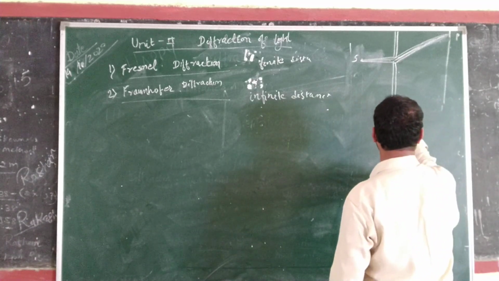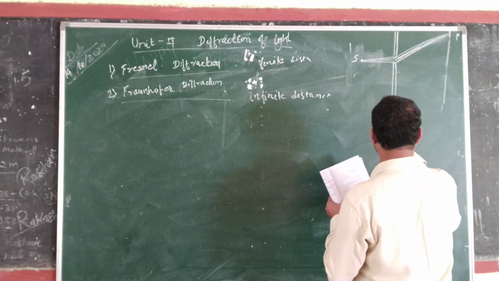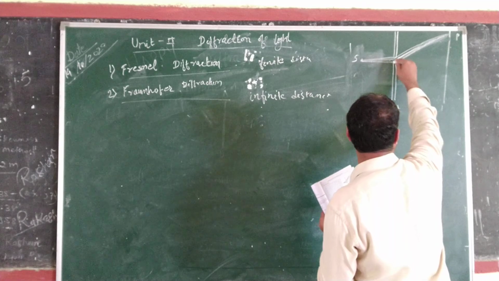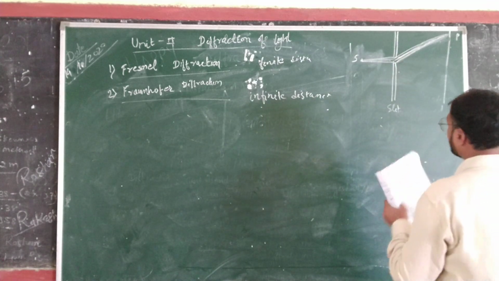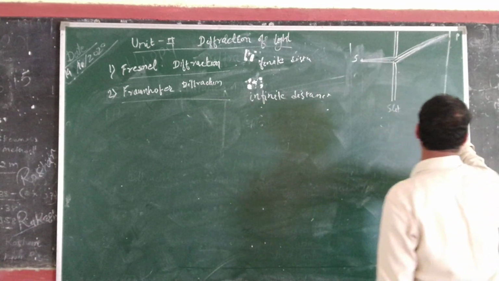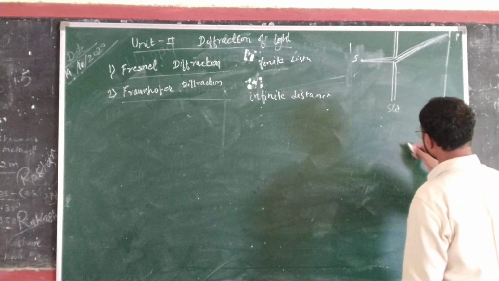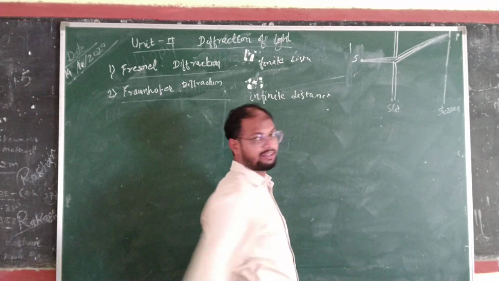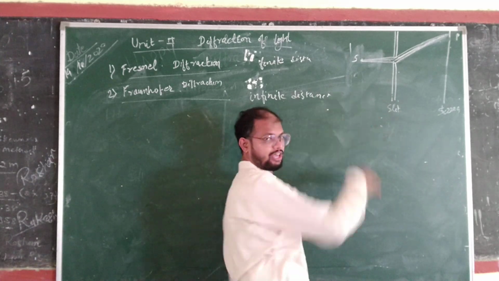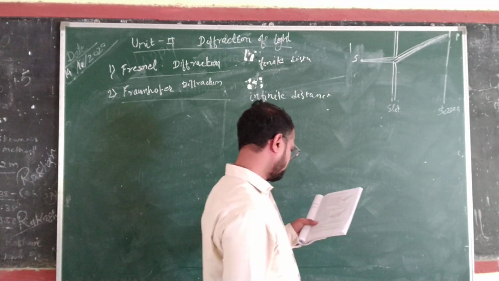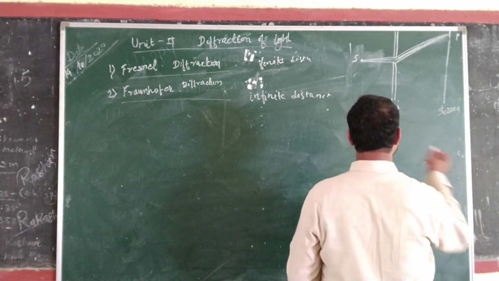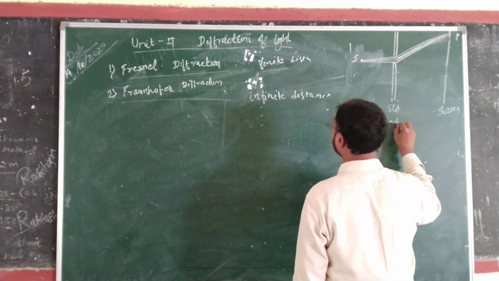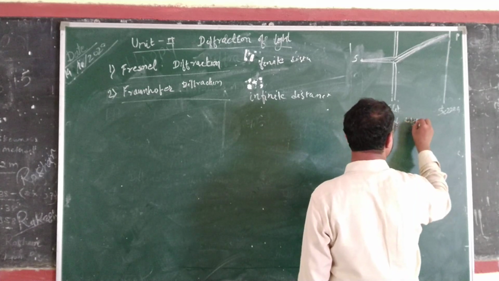This is the slit or aperture. So this source and this screen are at finite distance from the obstacle. This slit is an obstacle. And this is the diagram of Fresnel diffraction.